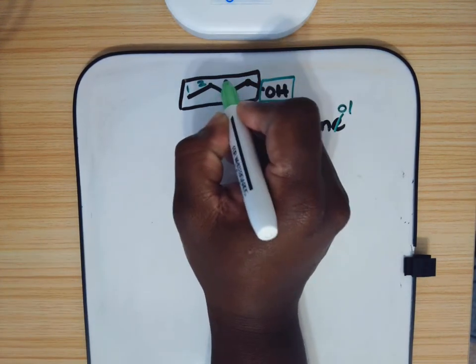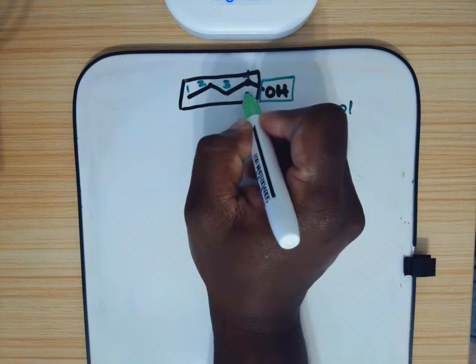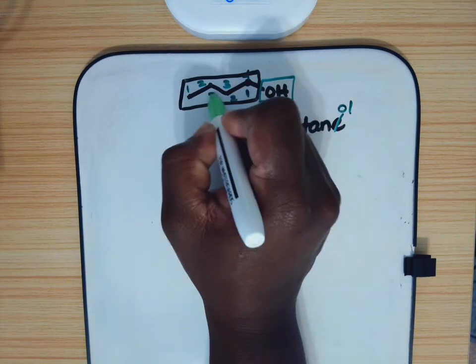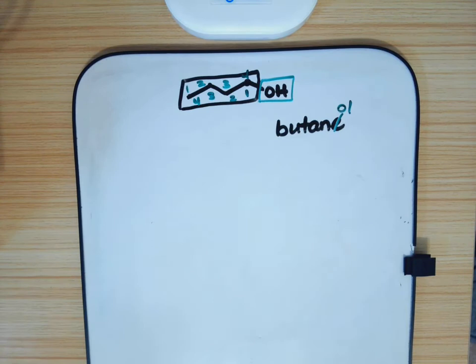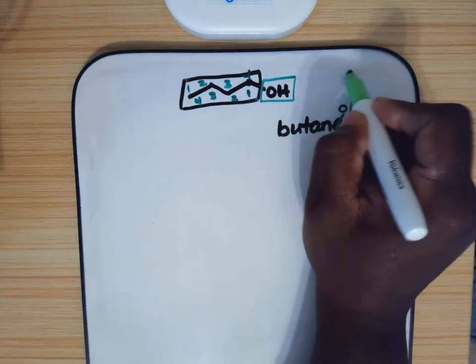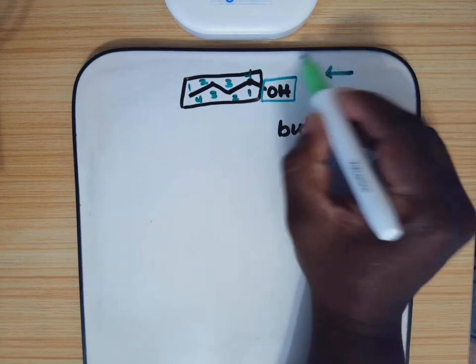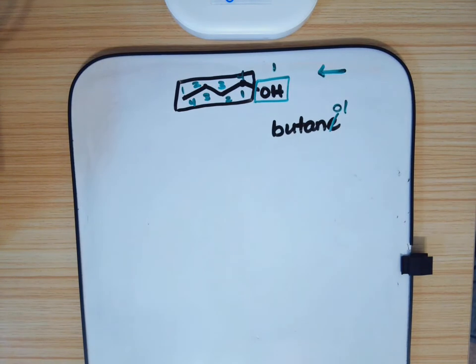We can number from left to right, or we can number from right to left. But you want your functional group to have the lowest number, even if we had substituents present. So in this case, we want to number from right to left because it places that functional group on carbon number 1.